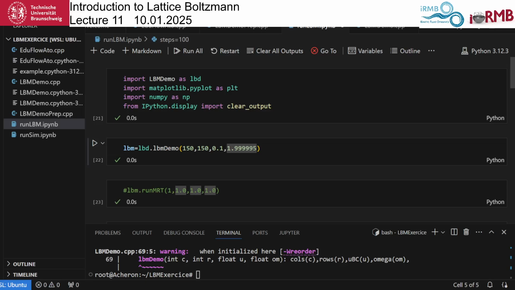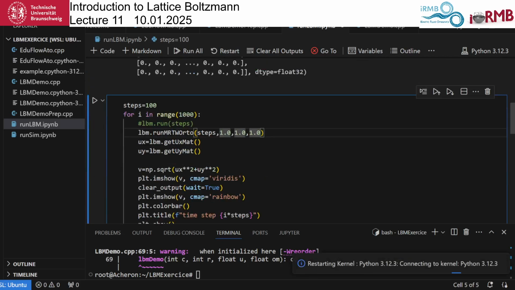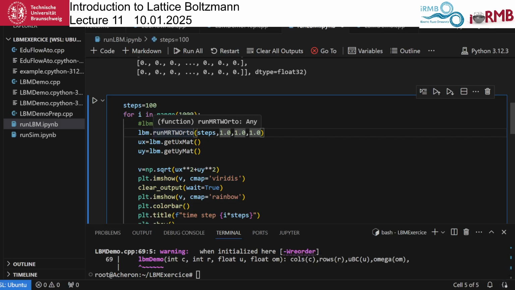I tried this out yesterday in the evening. I played around a little bit and put the relaxation rate to 1.999995, right? So let's restart the stuff and call this with run MRT weighted orthogonal, right? And everything with 111, yeah?